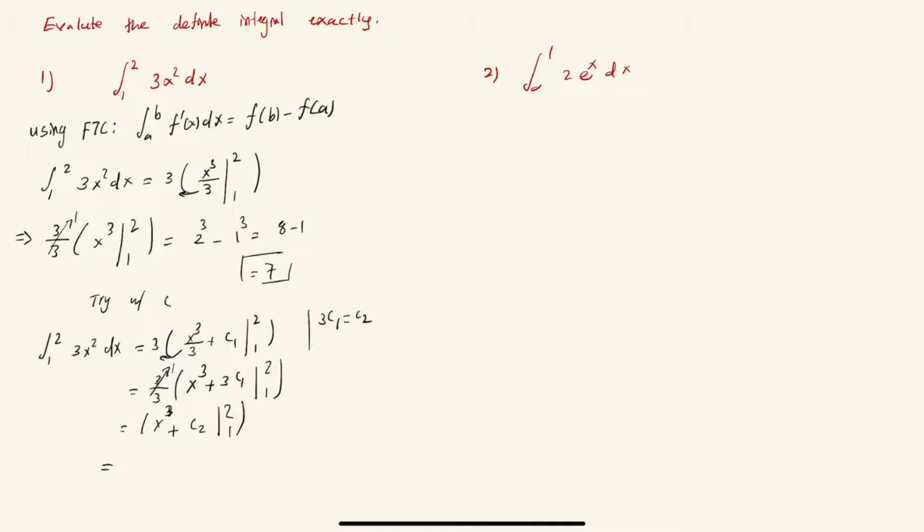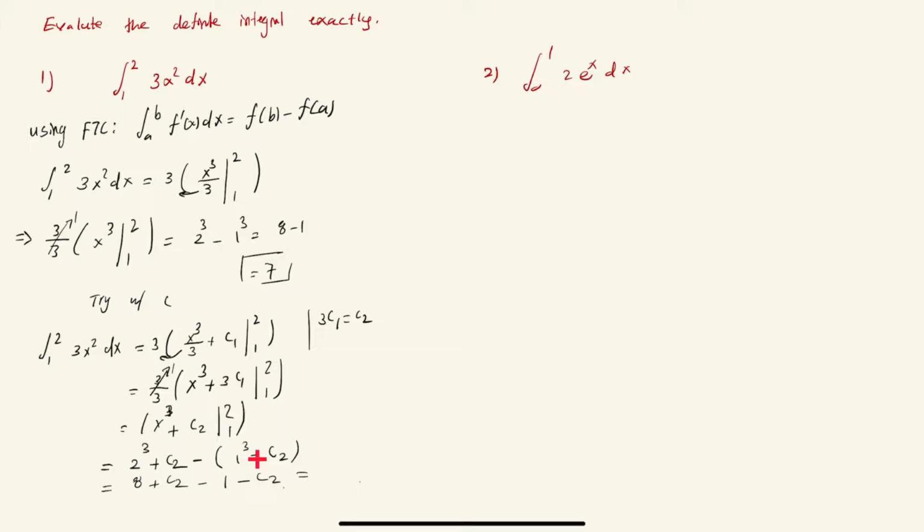First, I'm going to evaluate the term at x equal to 2, and then at x equal to 1. Now I'm going to move the minus sign between the evaluations inside the parentheses, so it's minus 1 and then minus c2.